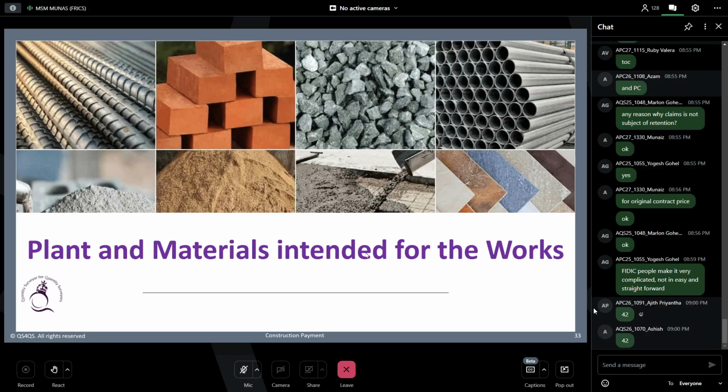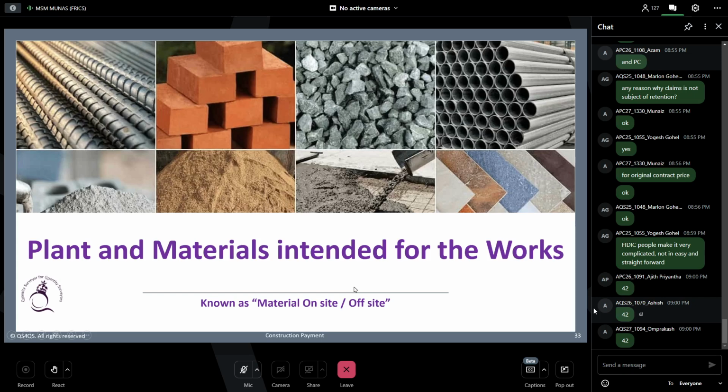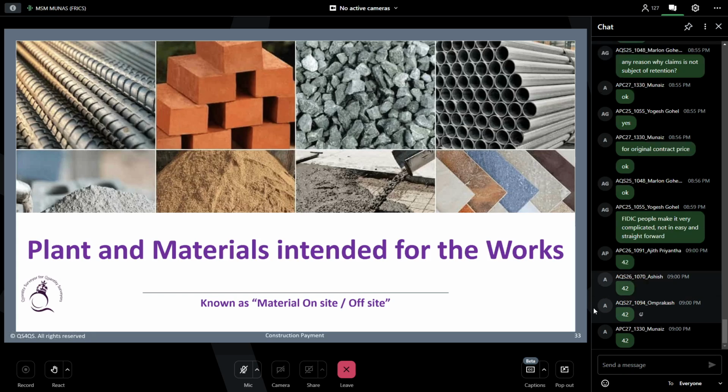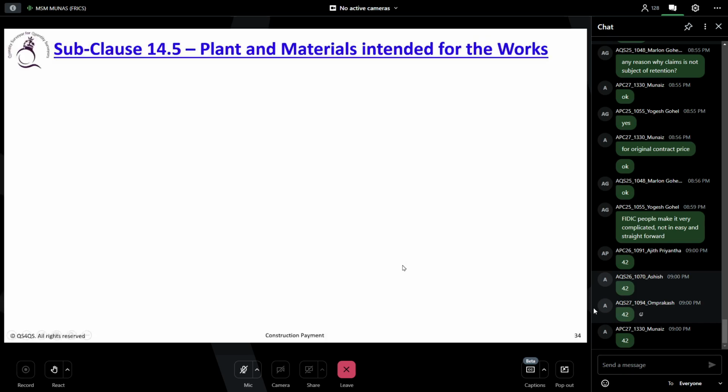Sometimes in the industry we call it material on site or off site. On site means the material at site, and off site means somewhere outside the site, where maybe it's on the way, such as a long lead item.